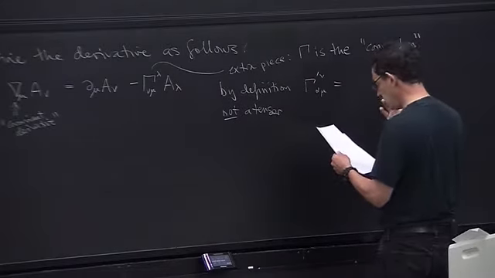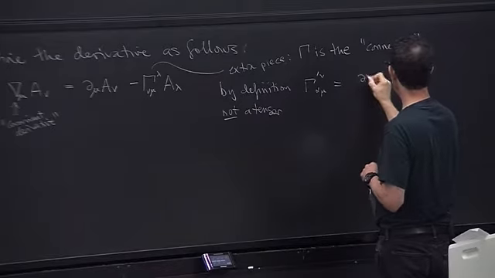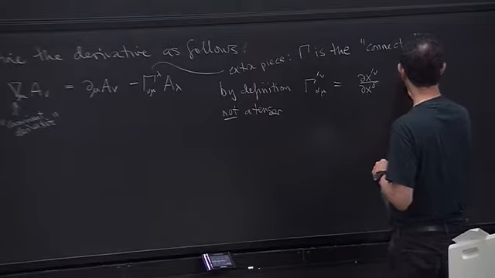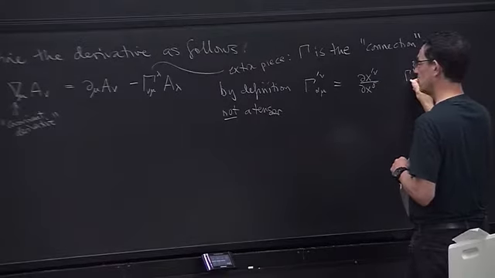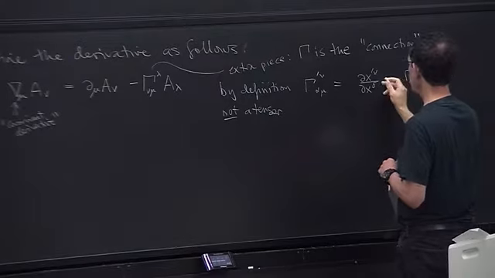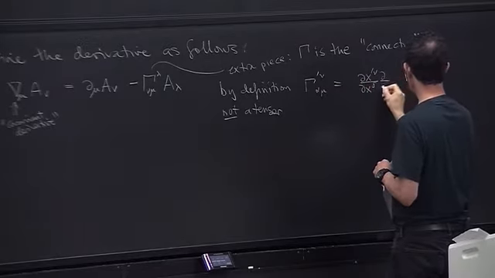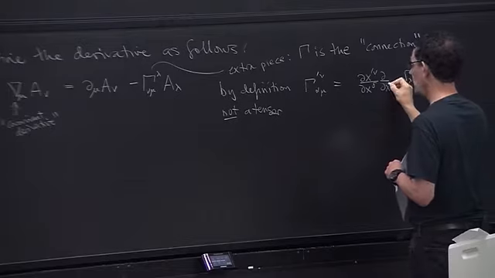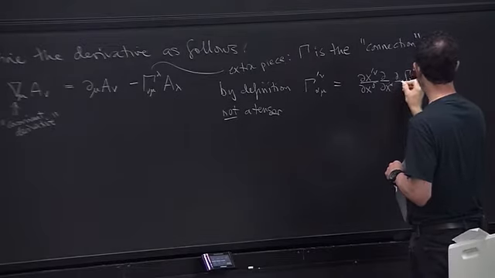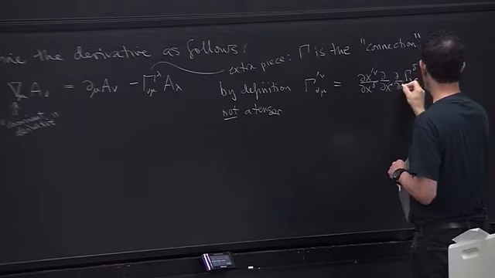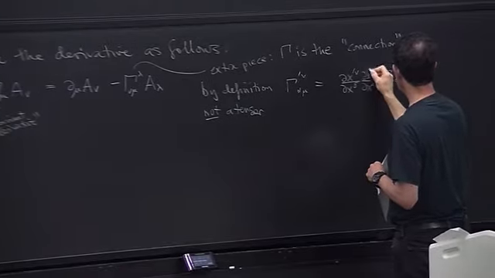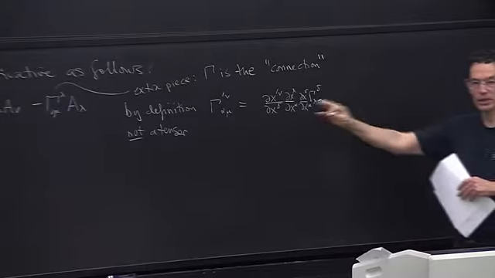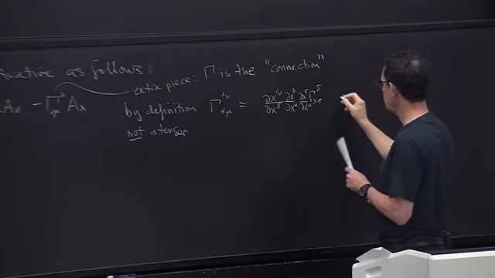First of all, the first piece is exactly the tensor piece, so that would be dx prime nu dx delta gamma delta, let's say lambda sigma, and then these two downstairs indices transform with dx prime alpha, d by d x prime mu x lambda x sigma. Okay, so that's the normal tensor transformation law.